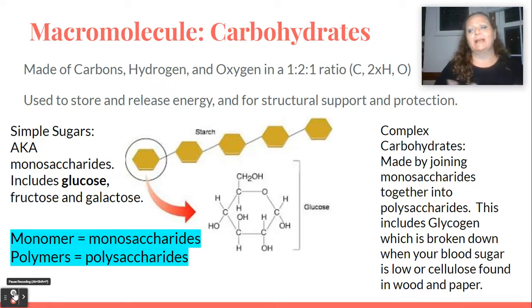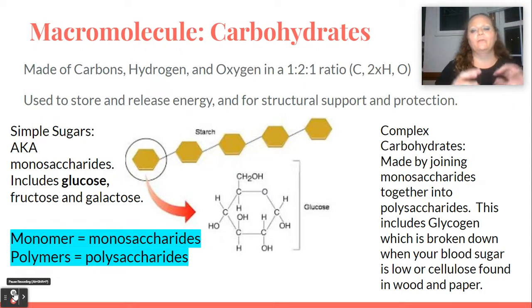Ironically, one of the carbohydrates that we'll talk about is cellulose, which is found in wood and trees. So, simple sugars, monosaccharides. The monosaccharides are the monomers of carbohydrates. Glucose is a monomer or a monosaccharide. So is fructose, which is that fruit sugar, and so is galactose.